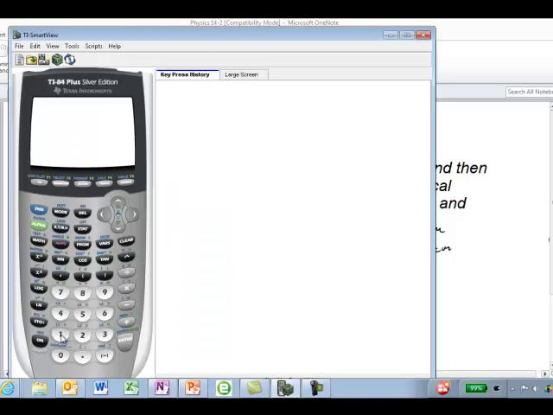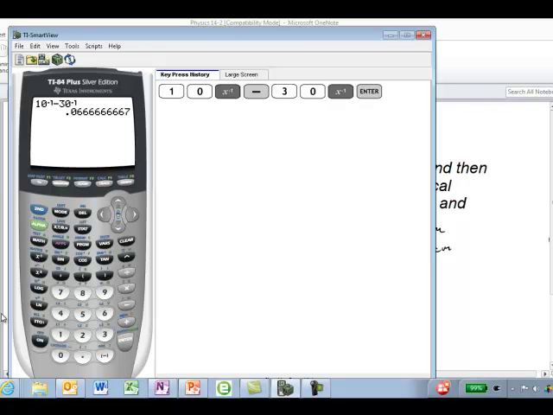I'm not going to bother putting in the 0.0. 10, 1 over that, minus 1 over 30 is 0.0666 and so on.